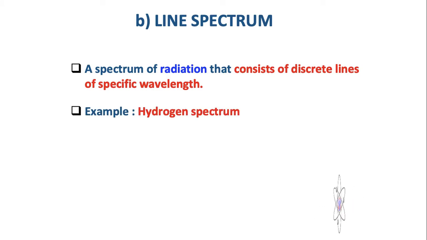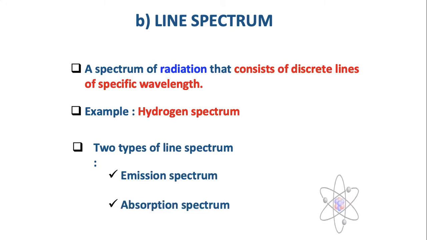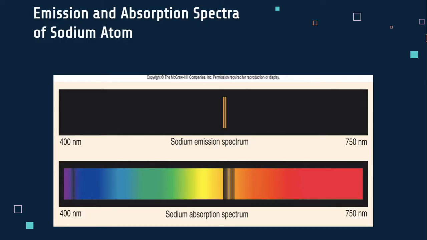For example, the hydrogen spectrum. There are two types of line spectrum: emission spectrum and absorption spectrum. This is the example for the sodium emission spectrum, and this is the example for the sodium absorption spectrum.